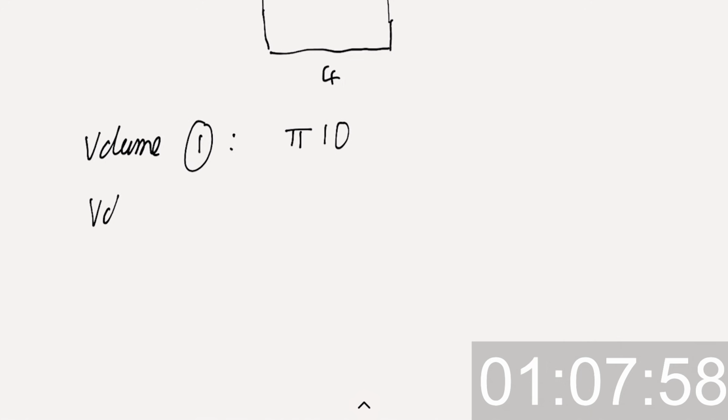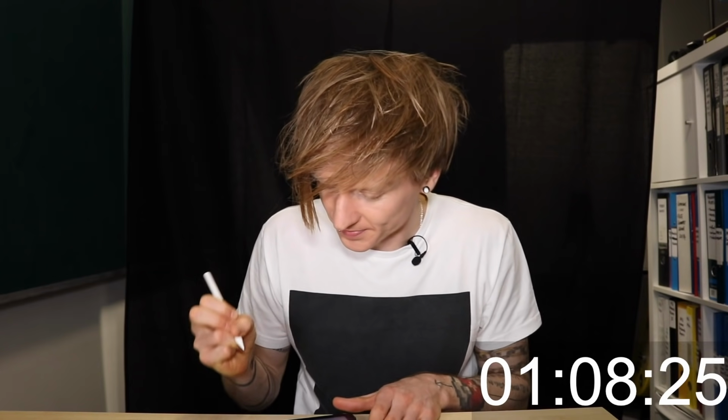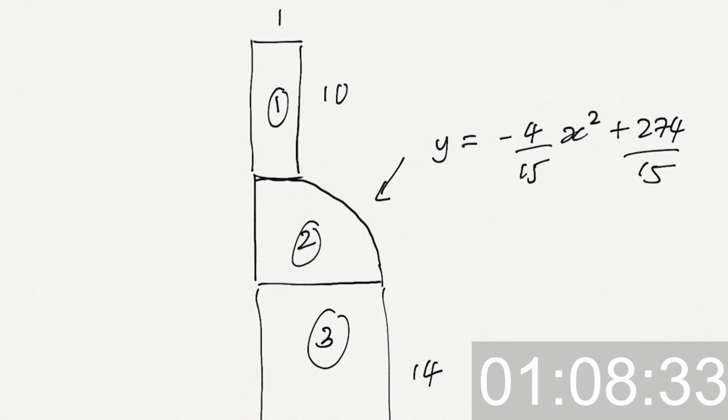The volume of 3 will similarly be pi times the radius squared, which here is 4, squared to 16, so pi lots of 16 times 14. Okay, calculator, it's getting near the end, I'm being lazy. 16 times 14 is 224, so that's 224 pi for 3. 1 is 10 pi, and then 2, right, so what's going on at 2?